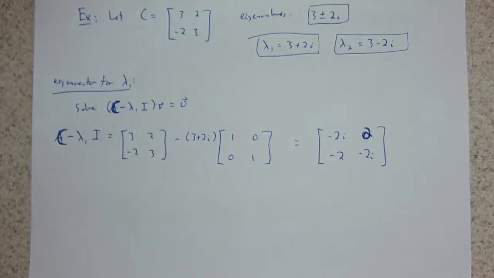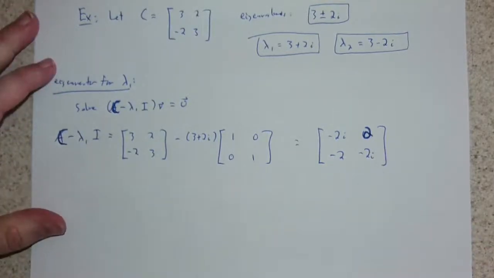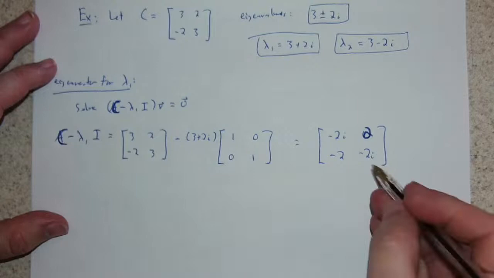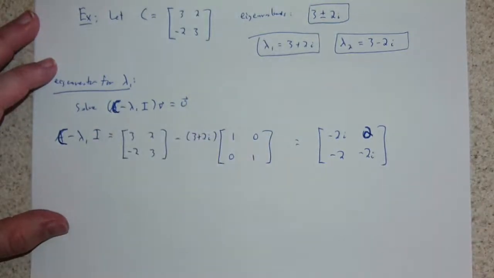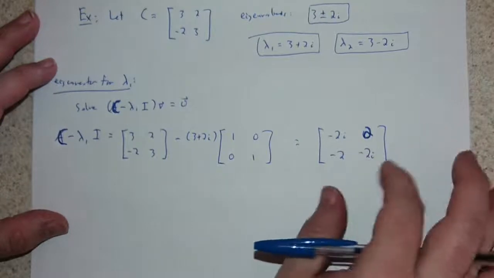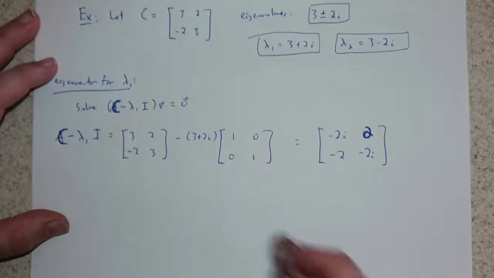So how does this work? Well, what I can do here is write out this equation just like I would if these were just regular numbers and not complex numbers. So if I write this out, what do I get?